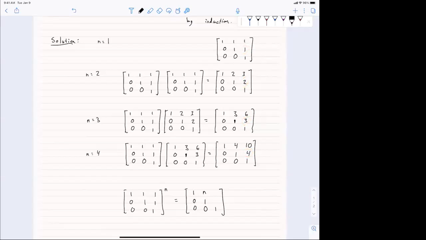So I'm also going to guess that to be n. Now the tricky one. This entry, we get 1, we get 3, we get 6, we get 10. Do you recognize these numbers?